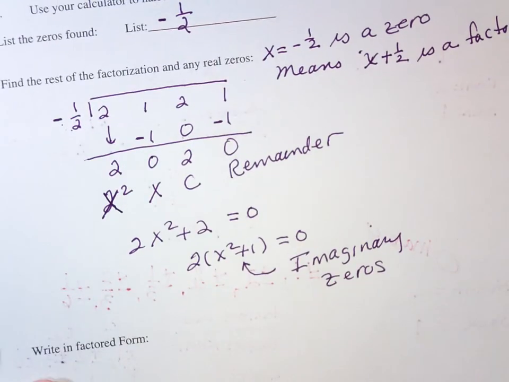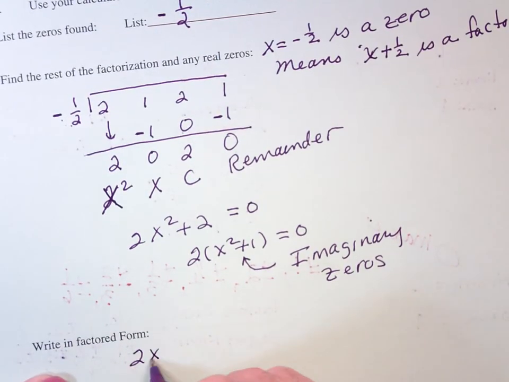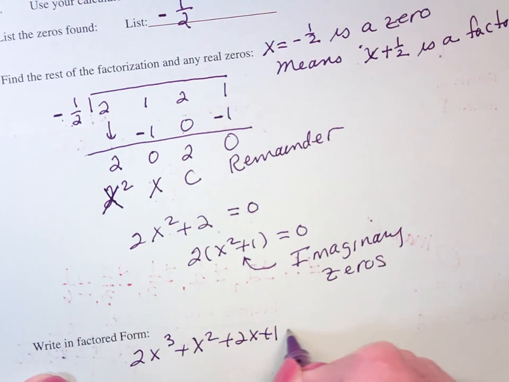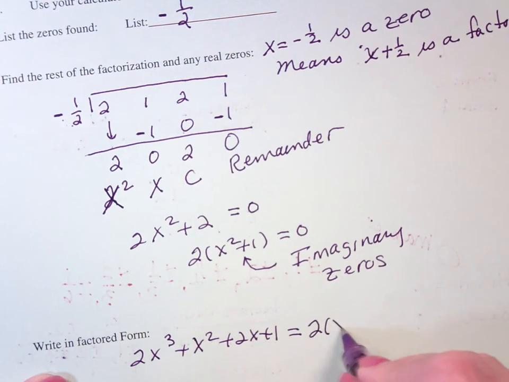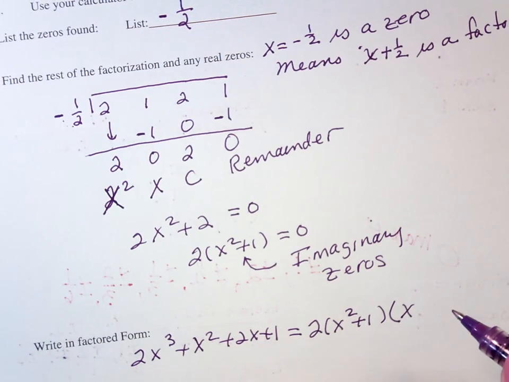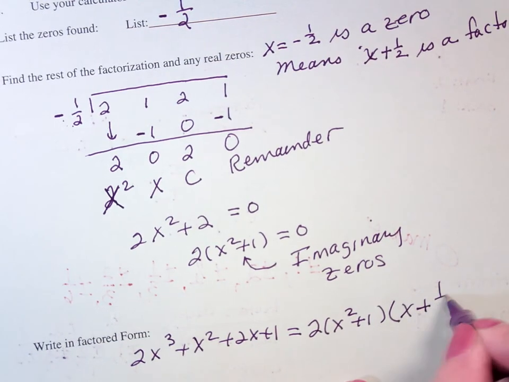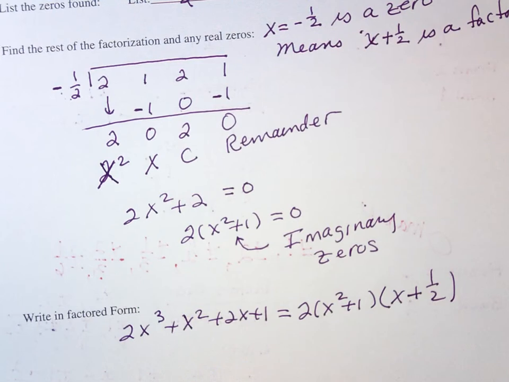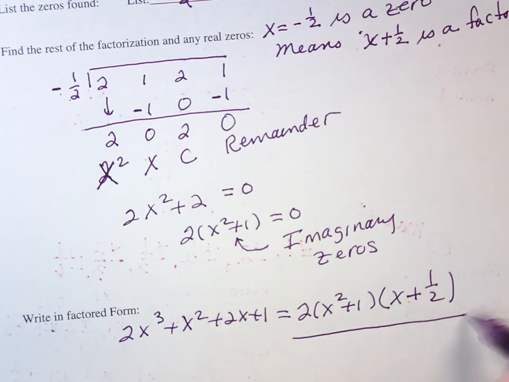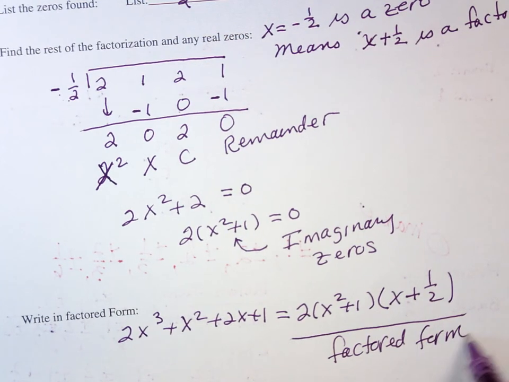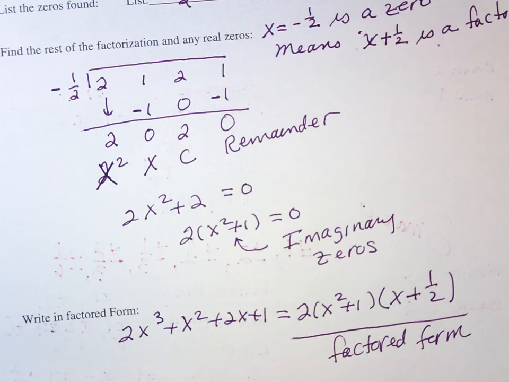So that means in factored form, 2x cubed plus x squared plus 2x plus 1 is equal to 2 times x squared plus 1 times x plus 1/2. So this says this is the factored form. Because if we know the zeros, then we know the factors.